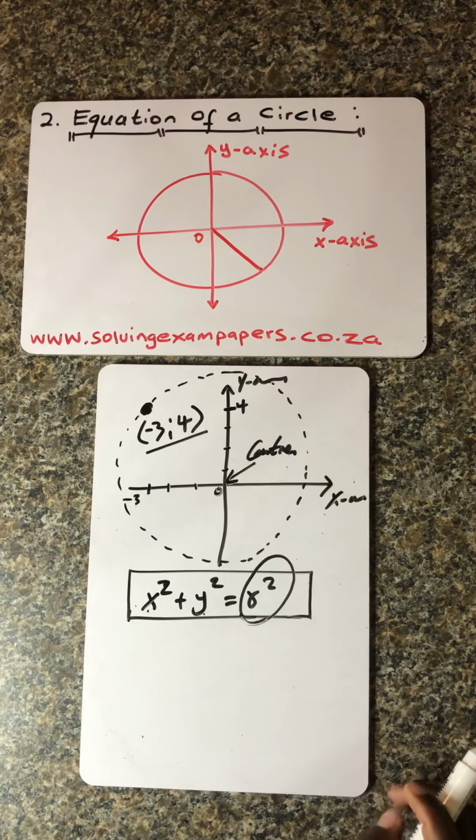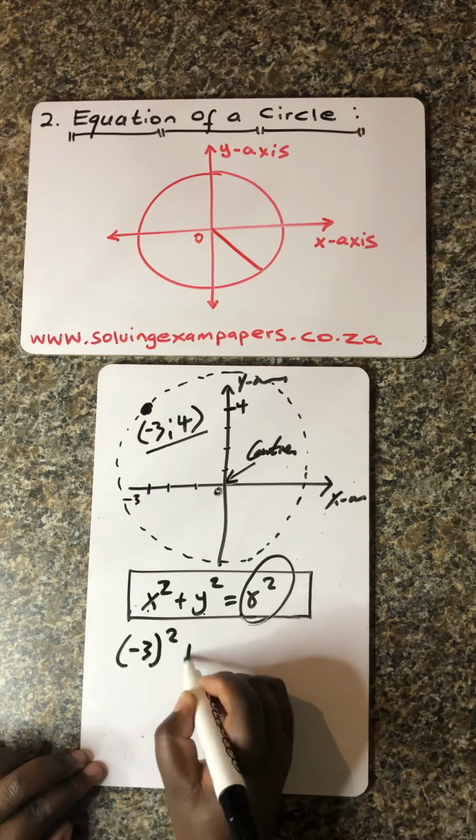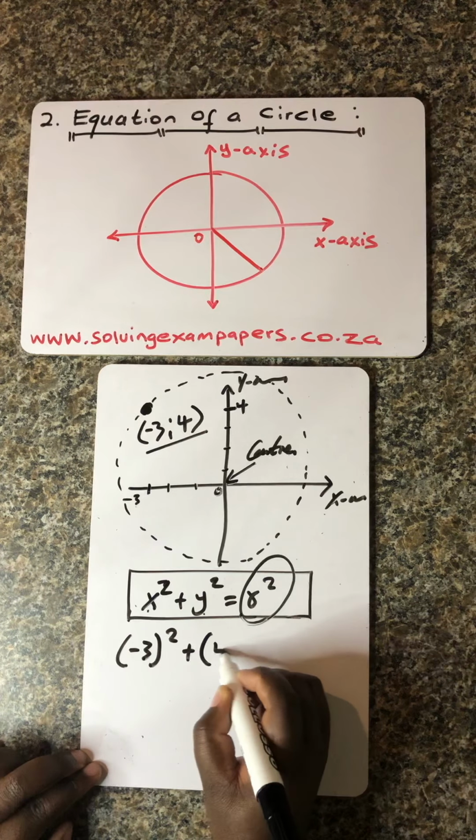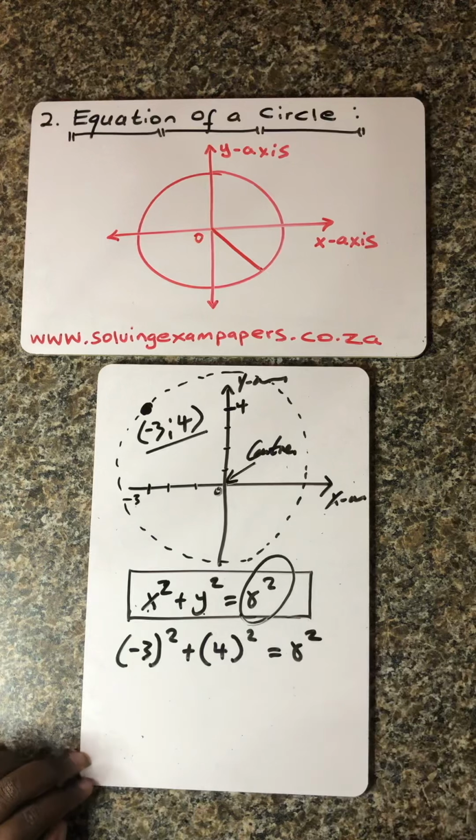Very, very much important, ladies and gentlemen. So now let's substitute. So that means we've got negative 3 squared plus 4 squared, it's equal to r squared.